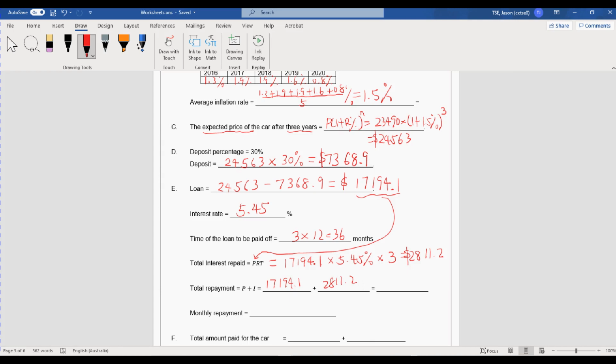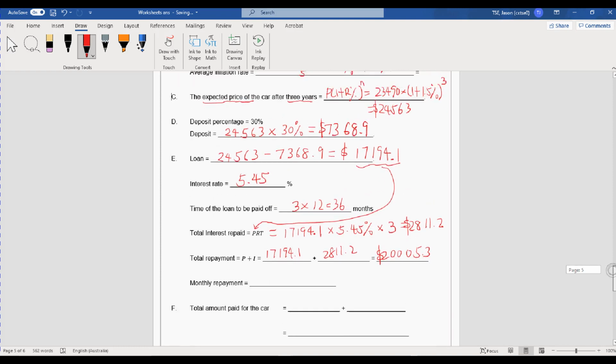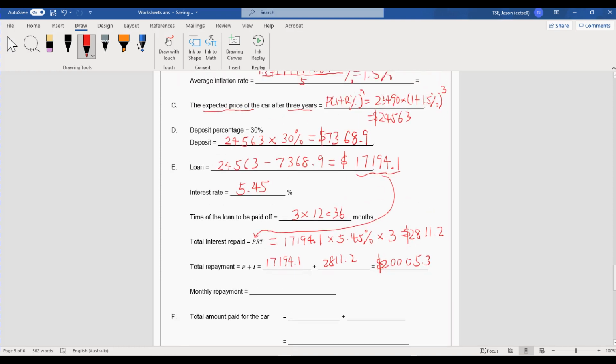So you borrow 17,000, then you need to repay about 20,000 in total, because you need to pay for the interest as well.